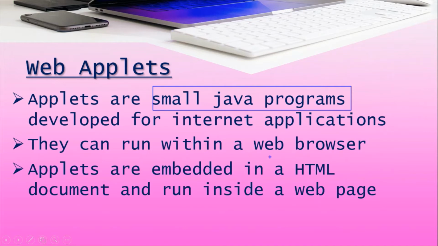They can run within a web browser, like Chrome or Explorer or some other web browsers. Applets are embedded in an HTML document and run inside a web page. So these applets are run in a web page, whereas Java applications run in a standalone computer.